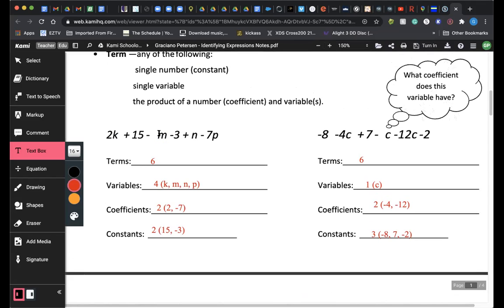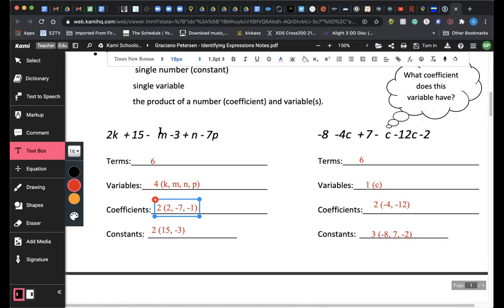Even though m and n have no visible numbers, they still have coefficients. For m, the coefficient is -1 because it's a negative m, and for n, the coefficient is 1. So there are 4 coefficients. Your coefficients plus your constants should always equal the number of terms that you have.